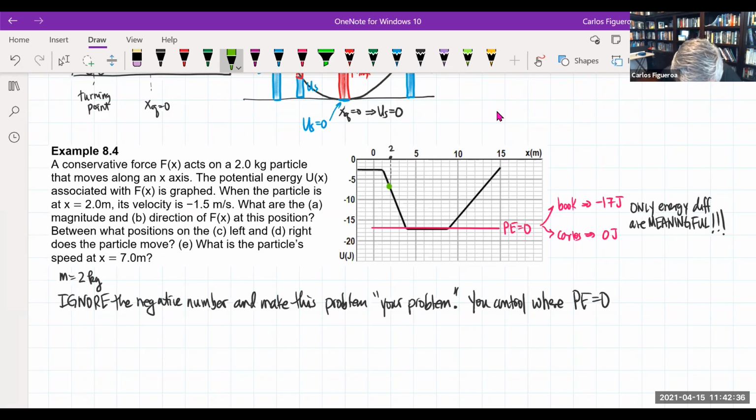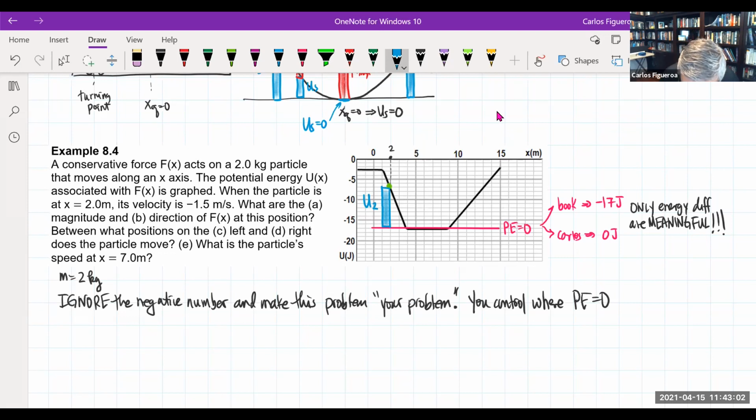This is at 7, this is at 17. All I'm doing is counting squares. I'm going to call that U of 2. In other words, that's how much potential energy it has relative to my 0 point.